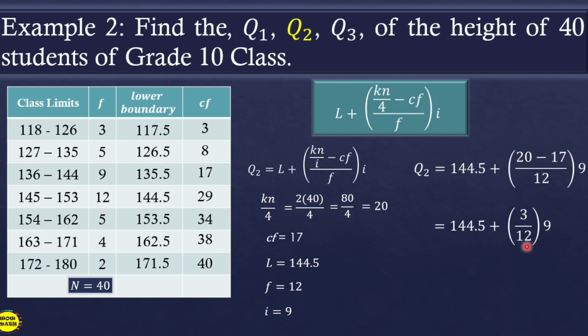So, 3 divide 12 times 9 is equal to 2.25 plus 144.5, the answer is 146.75. Ibig sabihin nito, yung second quartile natin ay 146.75 or 50% nung height ng grade 10 class, no? 50% nung height ng grade 10 class ay mas mababa sa 146.75.